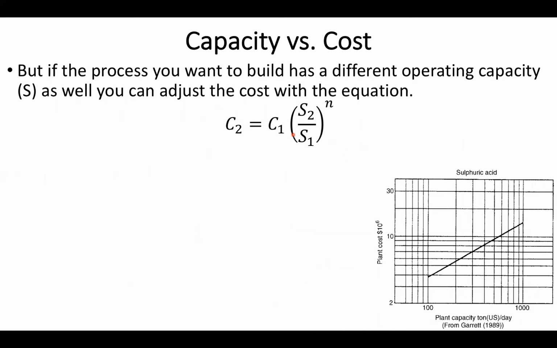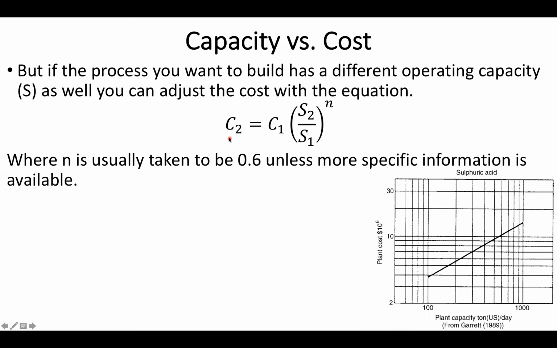So what we can end up doing is generate a cost adjusted form where C2 is essentially the cost of the new species, C1 is the old, and then we're going to be looking at the relative operating capacities. So S2 is essentially the operating capacity of the plant you want to build, and S1 is the operating capacity of the plant that you're comparing to.